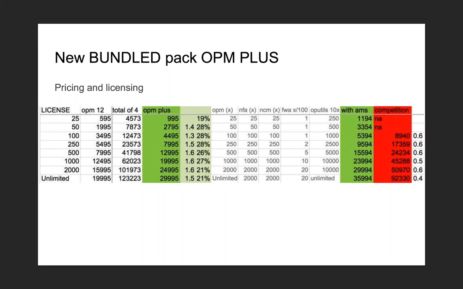Let me show you how it works with a 100 device license example. Here you have a 100 device OpManager license, and all my examples for now will be for this 100 device pack, the third line. For OpManager 12, the price for the 100 device pack is $3,495 if you purchase it separately.